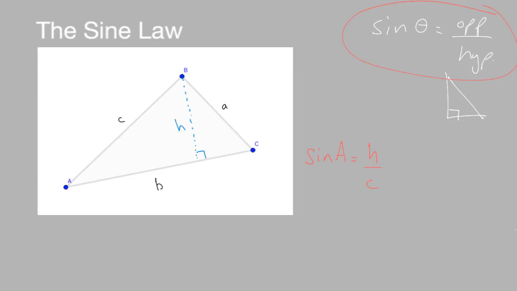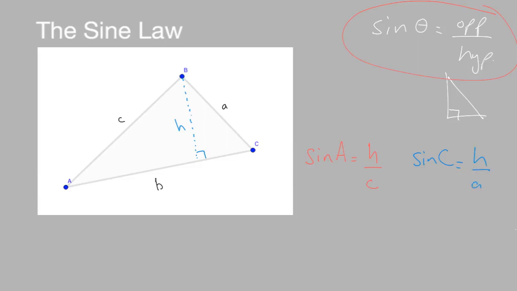Now we look at the other right angle triangle here, with an open angle here, and we say that's sine C. The opposite side to angle C would be h, and the hypotenuse would be a, so this would be h over a.